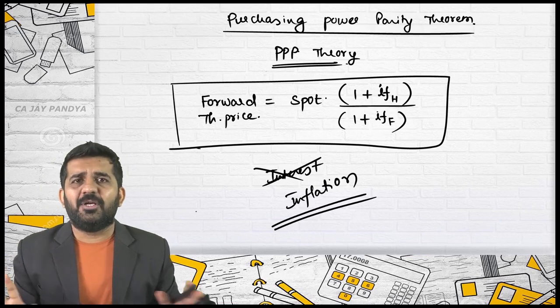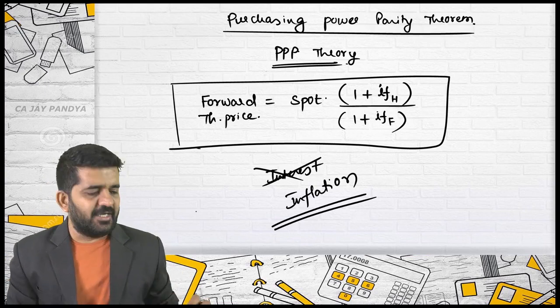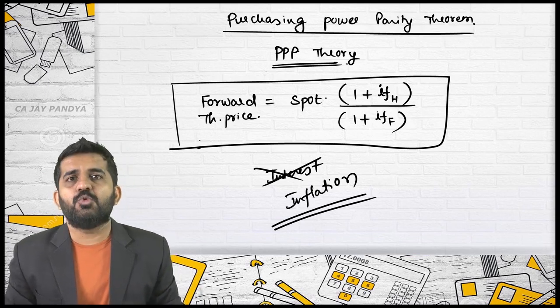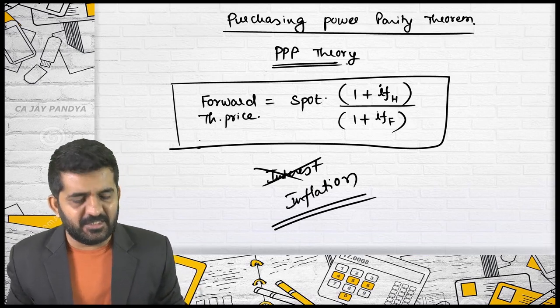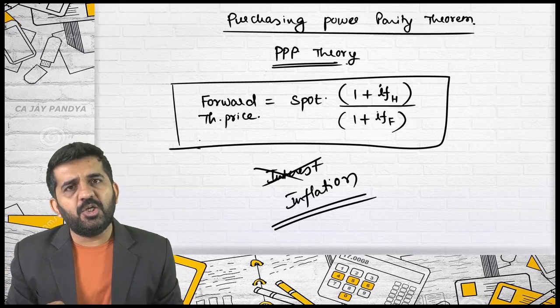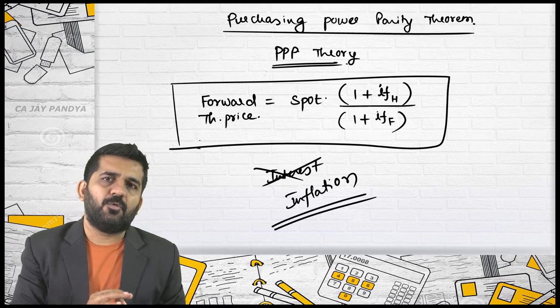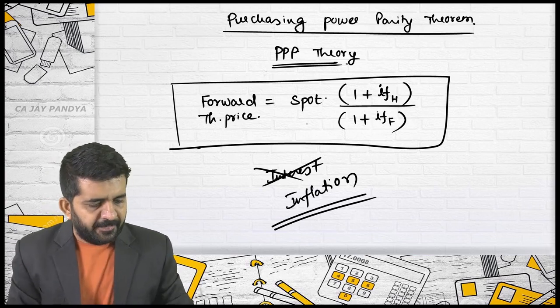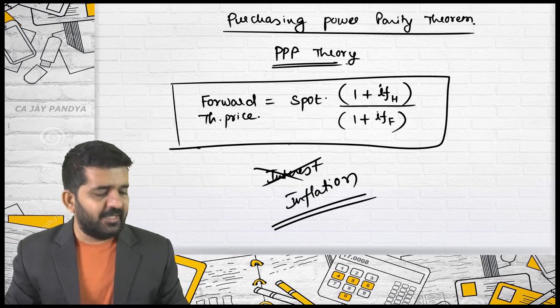So there are no arbitrage process questions as far as the purchasing power parity theorem is concerned. But this is what the purchasing power parity theorem says. The theoretical price of forward should be equal to spot into 1 plus inflation rate of home currency divided by 1 plus inflation rate of foreign currency. Is it alright? This is the same as the interest rate parity theorem.